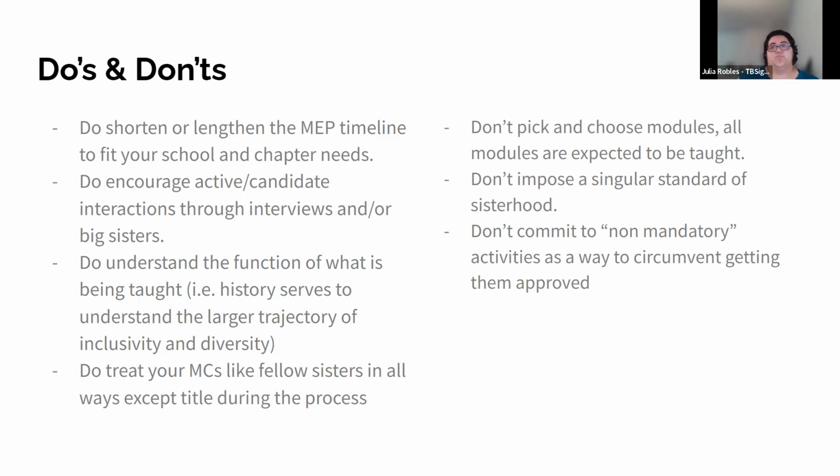So in all ways but the name, typically we see our MCs as people who would already be capable of wearing letters. When you're teaching them, do not talk to them as though they are not going to be sisters. Talk to them as they are preparing to be those best sisters.